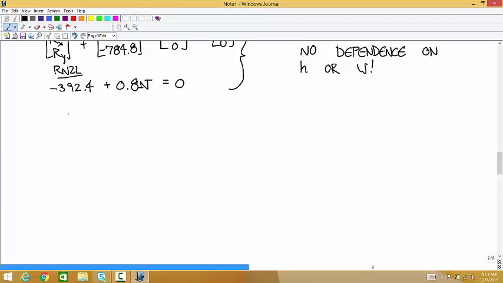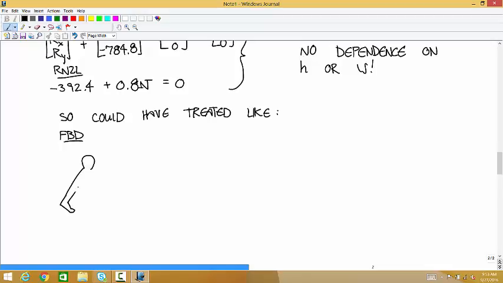Okay, so let me draw this again. So we could have treated this problem like so. The free body diagram looks like this. The origin is here.